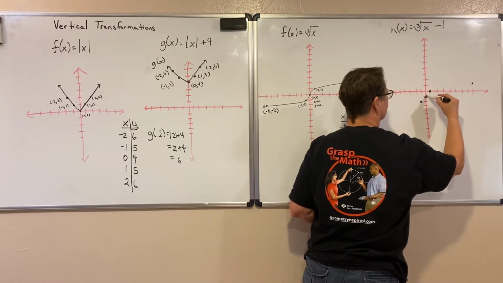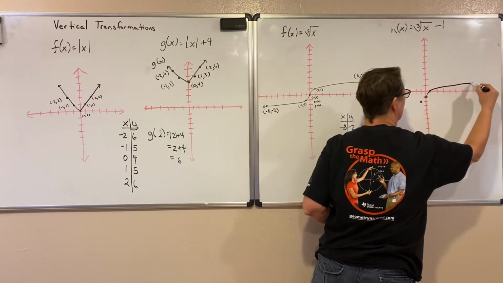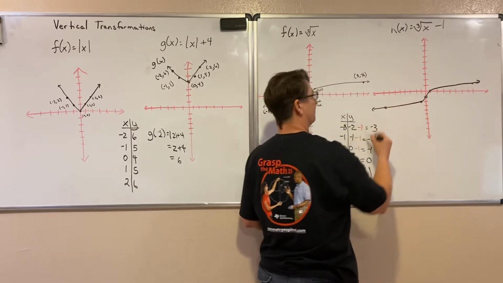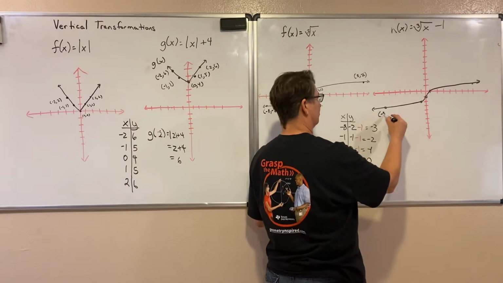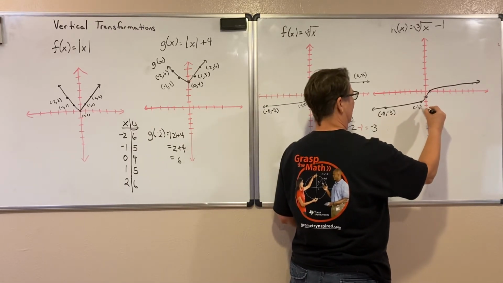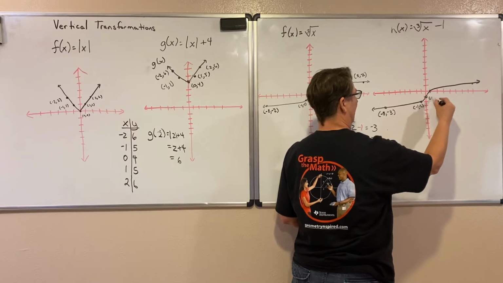I'm going to connect those to make the shape of the cubed root function. I'm going to go ahead and label those points so my reader knows what my scale is here on my graph.